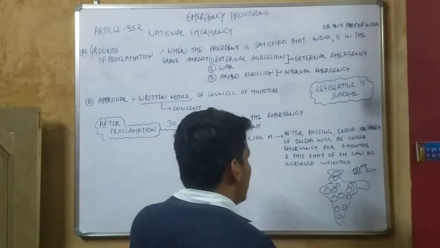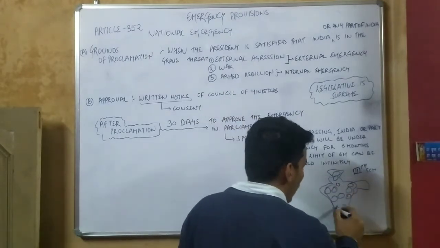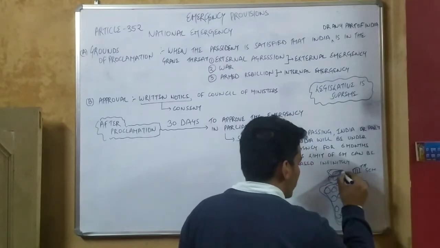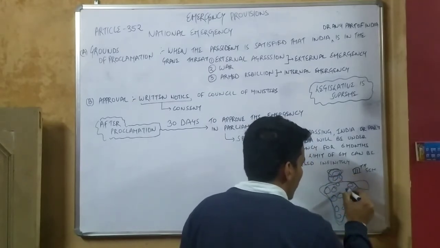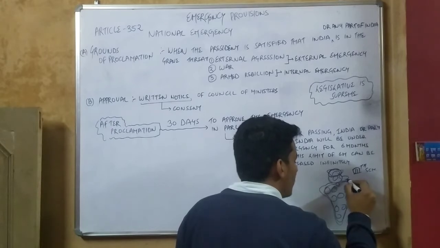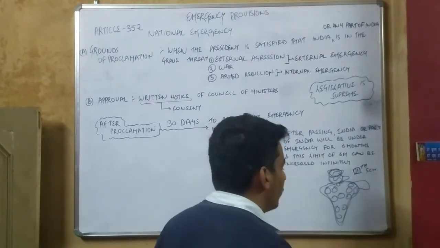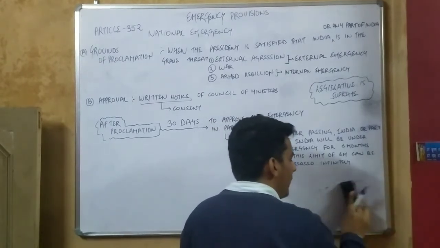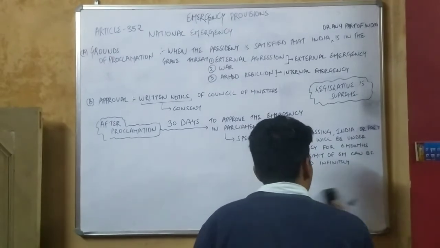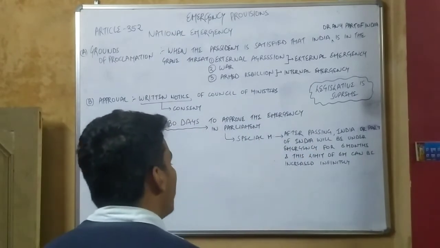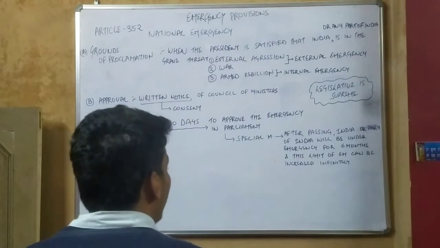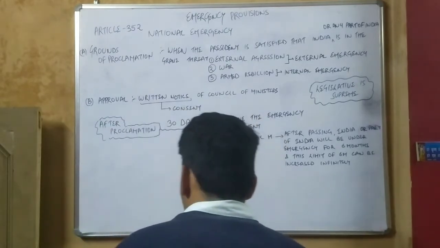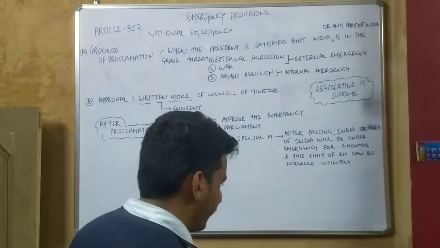But in a time of emergency, all the powers of the state come under the union government. So in normal times, India is a federation, but in extraordinary times, that is the emergency, India becomes what we call a unitary structure, a unitary government.